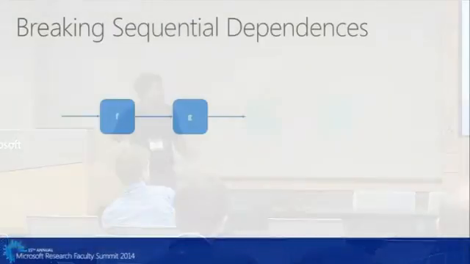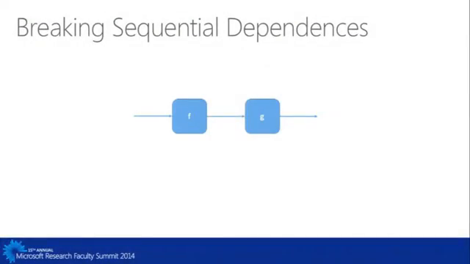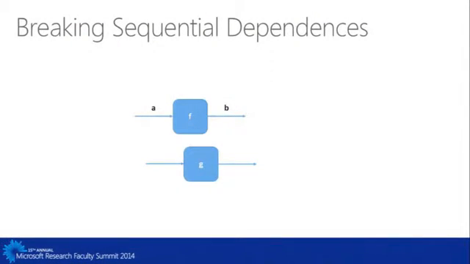So let me explain this by focusing on just one sequential dependency. Let's say we have f producing an output that g requires, and we want to break that dependency. I want to be able to run g in parallel with f, but I don't know what input to run g with, because that input is generated by f.